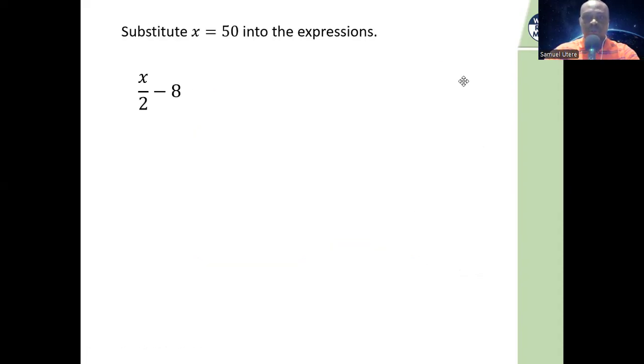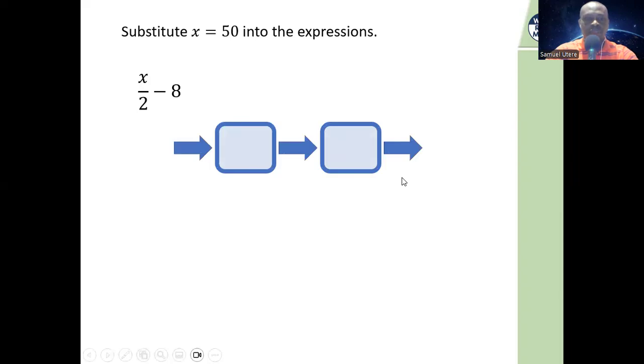What about this one? This one means if x is 50 and we've been told to work out the value of this expression, we need to replace the x with 50. Now, if you think about it as a function machine, let's say we put our input x, we're dividing by 2 first before we subtract 8.